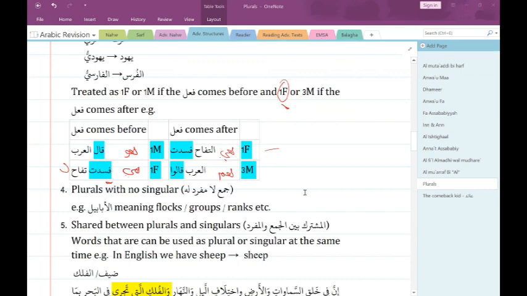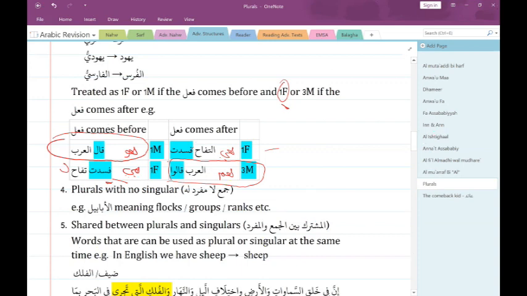But of course you realize that they would prefer certain forms. For example, most of the time they would prefer the "whom" version for people. Al-Arab qalu, maybe if it comes after, and qala al-Arab. So they would prefer either that or that. And for non-human stuff, they would obviously go with the "here" version. And you can see the "here" version is for both.